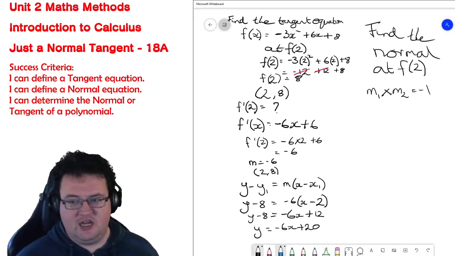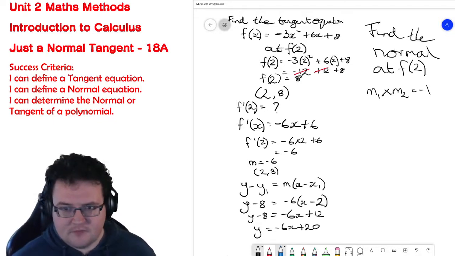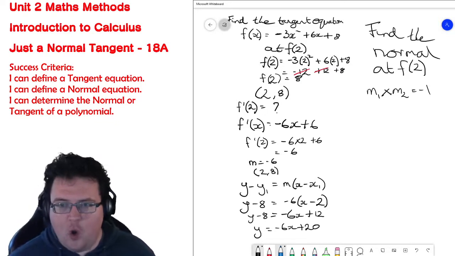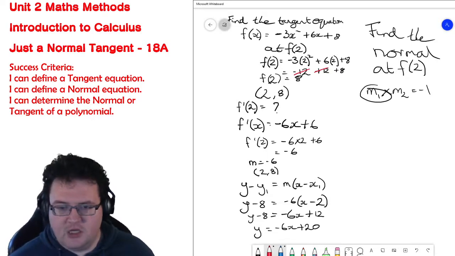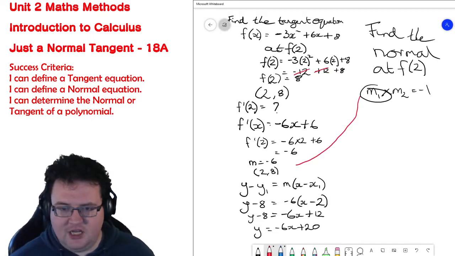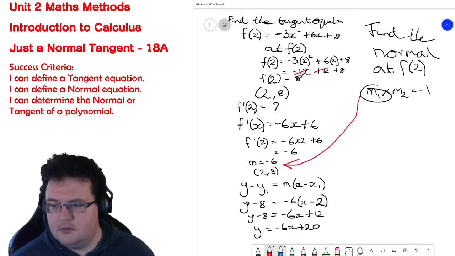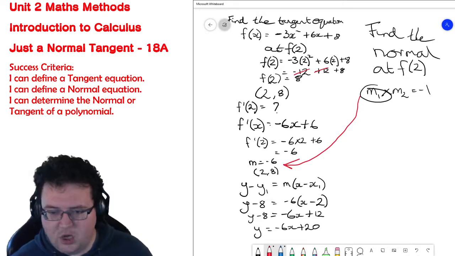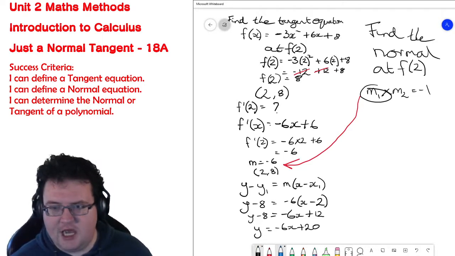Then you suddenly have a perpendicular pair. Now, we know M1 because we've already done it down here. So all we need to do is find our equation. So that's negative 6 times M2 equals minus 1.